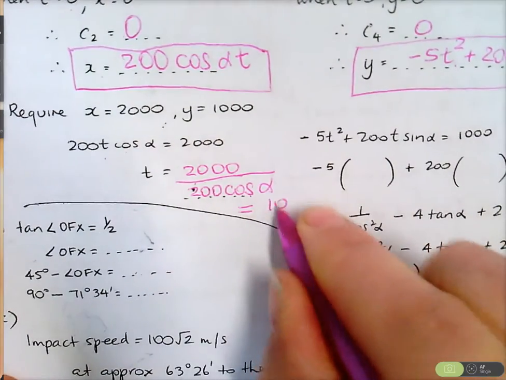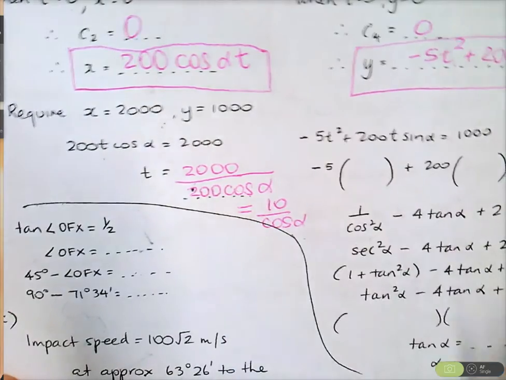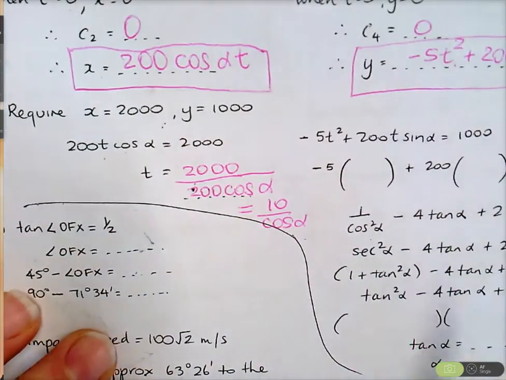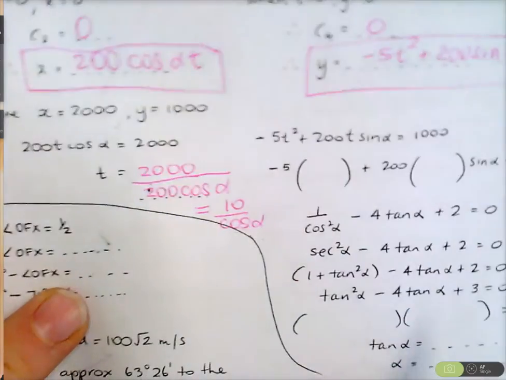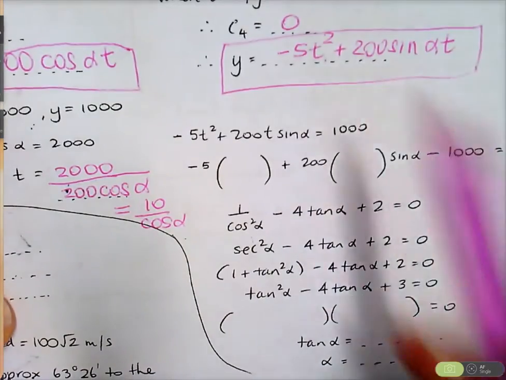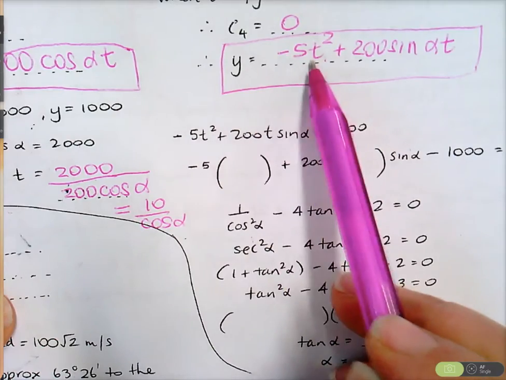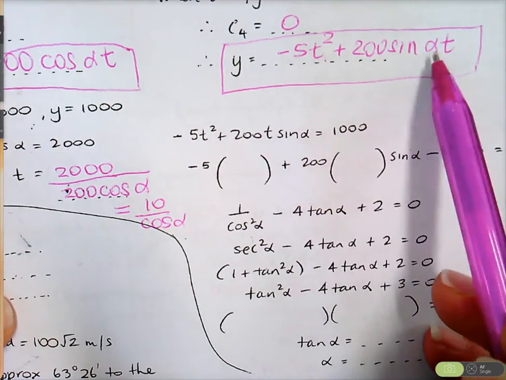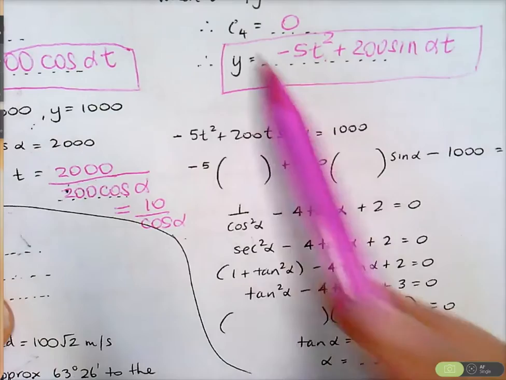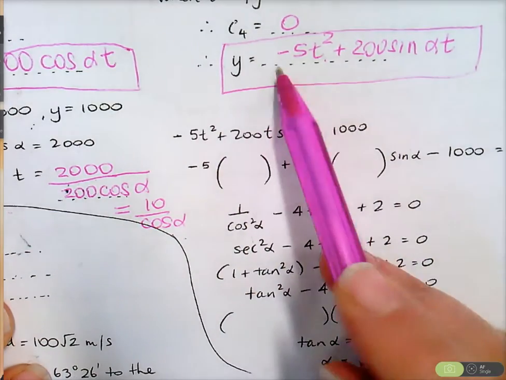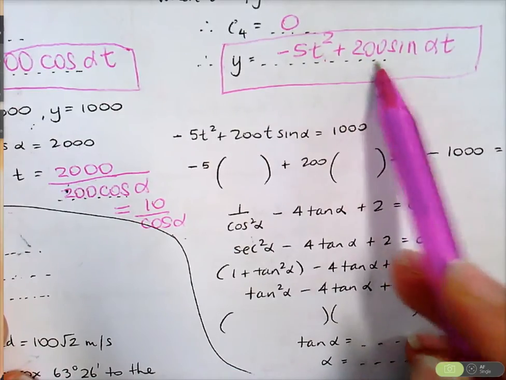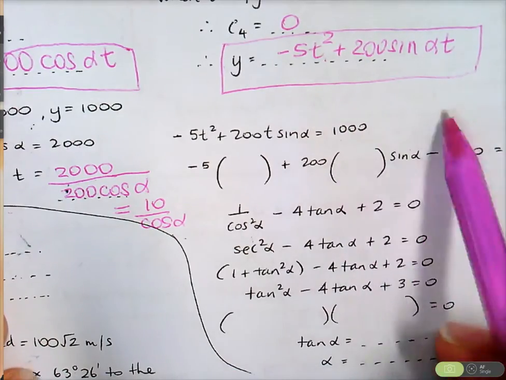10 over cos alpha. So we're now going to substitute that into the equation for y, but we put that y is 1,000 as well. So we've got y equals negative 5t squared plus 200 sine alpha t. So we want when y is 1,000, so we put 1,000 in there and we get negative 5t squared plus 200 sine alpha t equals 1,000.